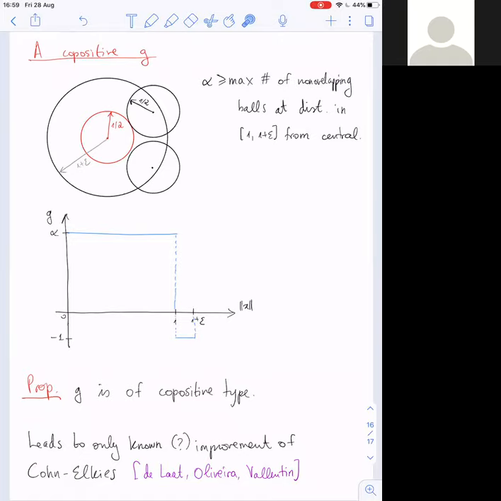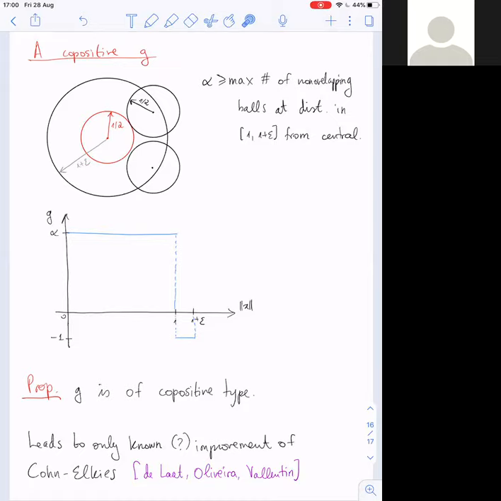So how many such spheres can you place in this strip that are non-overlapping and don't overlap the central sphere either? So this number is alpha, right? So this alpha is going to be an upper bound on this maximum.